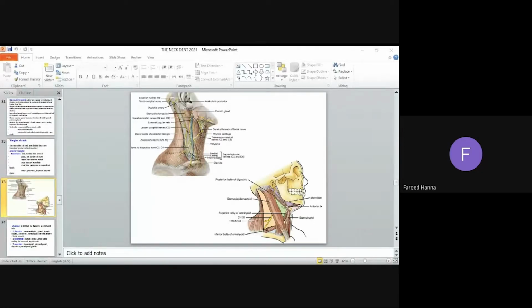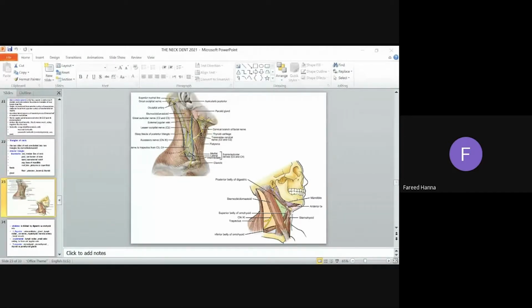These three enclose another triangle here, a portion of the anterior triangle. This is called the carotid triangle. Carotid triangle, and in the floor of it lies the carotid sheath. This is the carotid sheath.